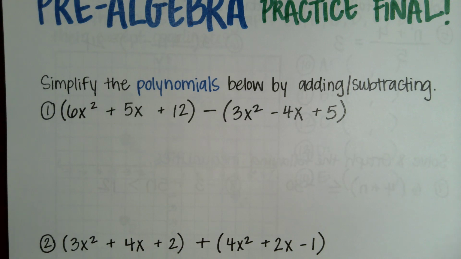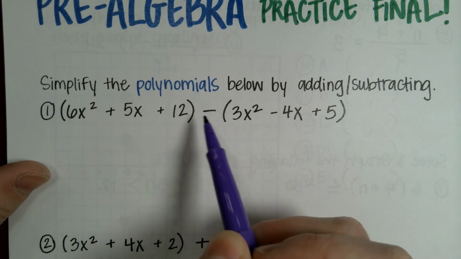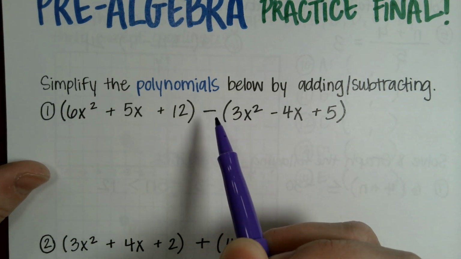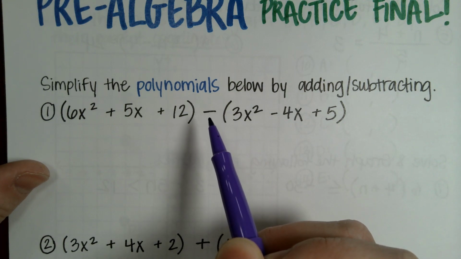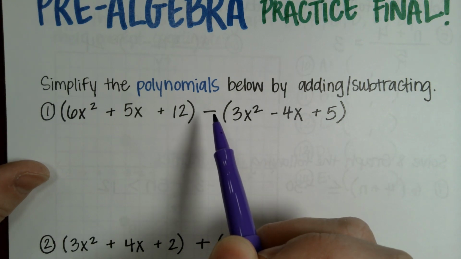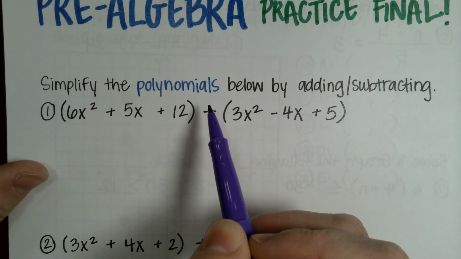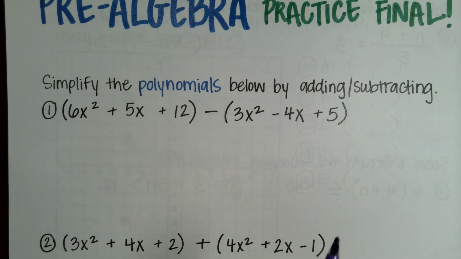We change something. We're going to use this negative sign. Yes, we don't like to subtract polynomials, so we want to turn this into a plus. How do we cancel a negative? You guys remember the process that we do?